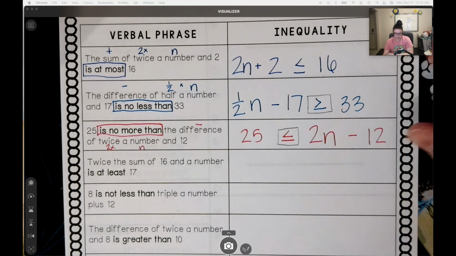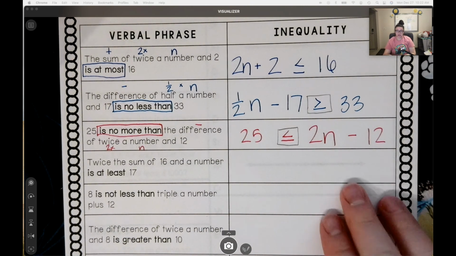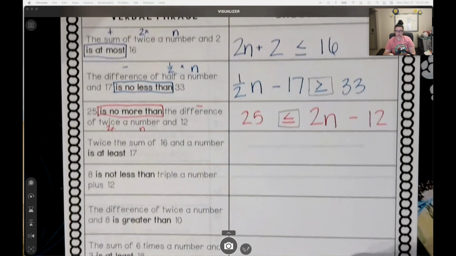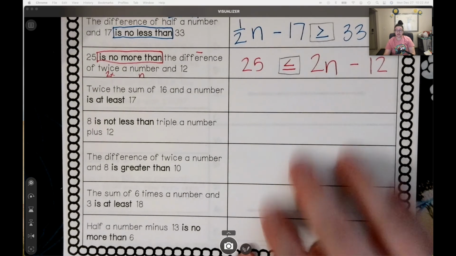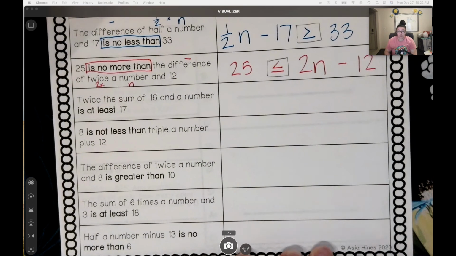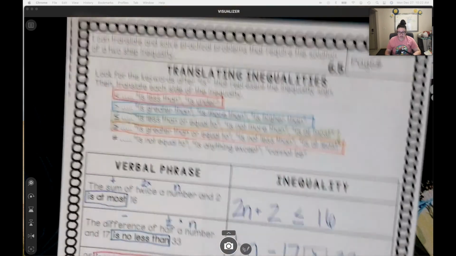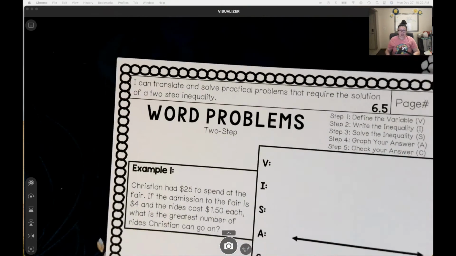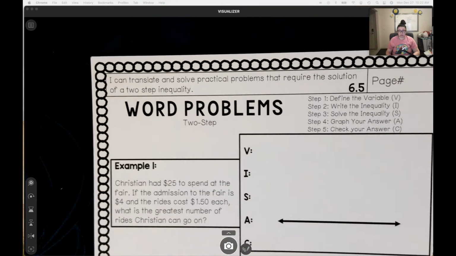All right, so we've done 3 together. There's 5 more practices. Go ahead, pause the video, and try these practices on your own. After you've got these 5 practices done, continue with the video, and let's go over some word problems.